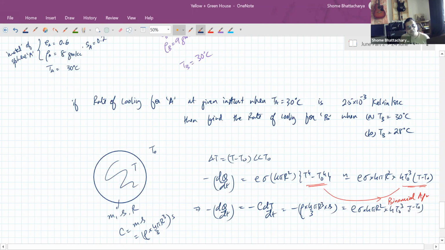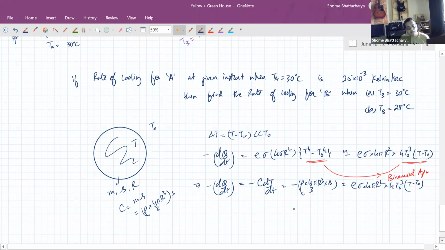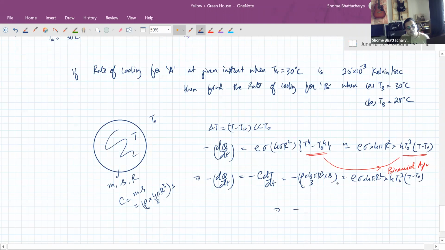into T to the fourth minus T naught to the fourth. So this will give us an idea of the proportionality. So the rate of cooling, you will see 4 pi r square will cancel off on both sides.